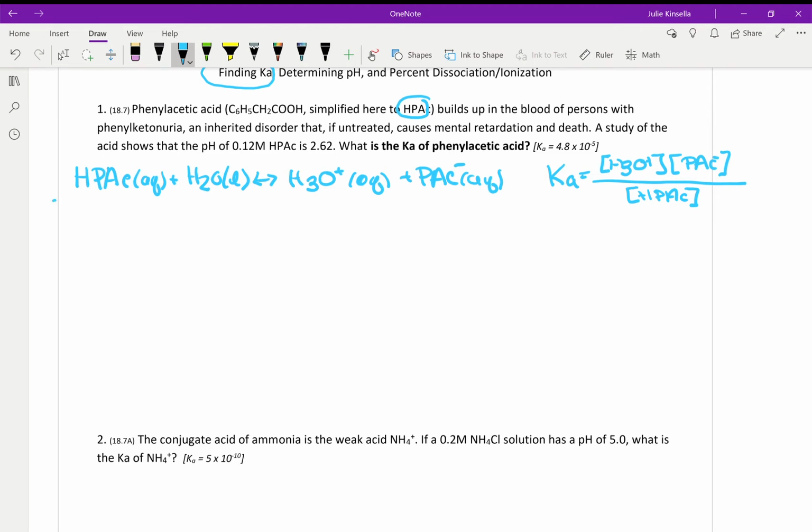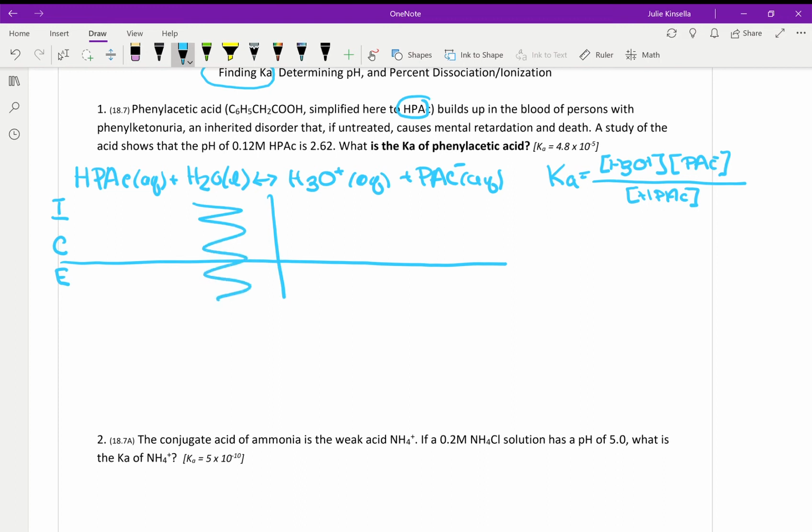Then from there, I'm going to go ahead and create my ice table. I'm going to be taking out water from it. And I know from my information, I was given the weak acid's initial concentration. I didn't start with any hydronium, and we'll talk about the assumption we're making here, because we know that water auto-ionizes into hydronium ions, and we'll do a check for that shortly.